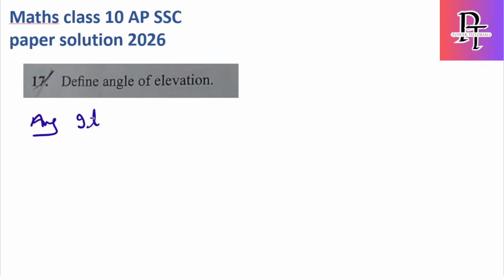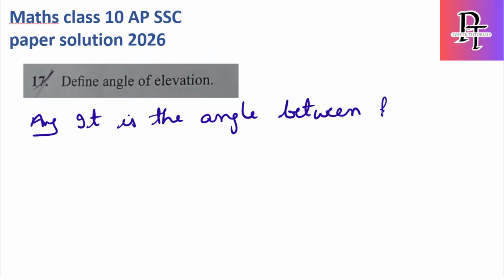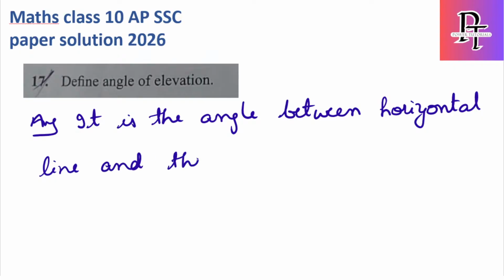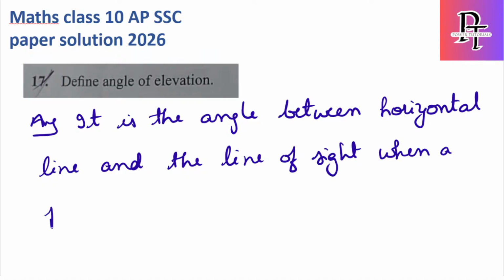It is the angle between the horizontal line and the line of sight when a person looks upward.